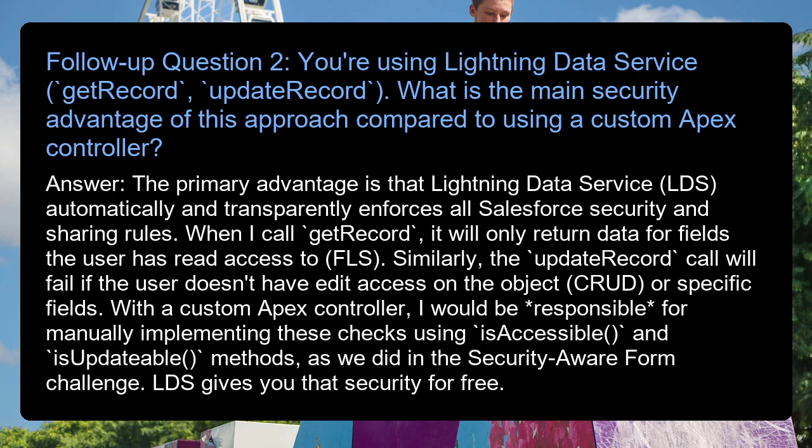Similarly, the updateRecord call will fail if the user does not have edit access on the object, CRUD, or specific fields. With a custom Apex controller, I would be responsible for manually implementing these checks using isAccessible() and isUpdatable() methods, as we did in the Security-Aware Form Challenge.